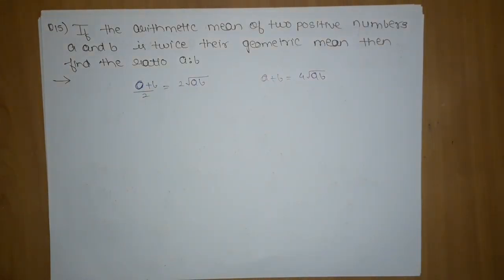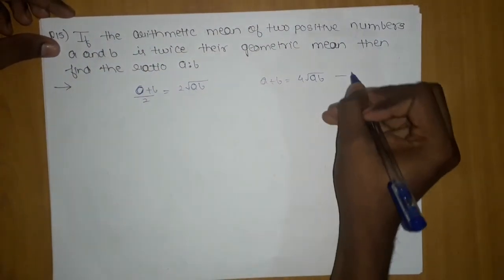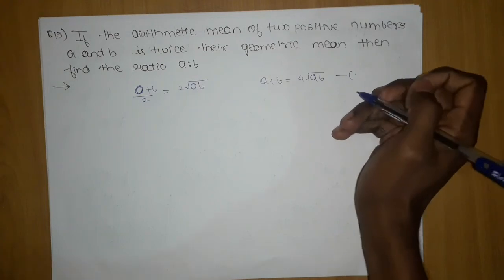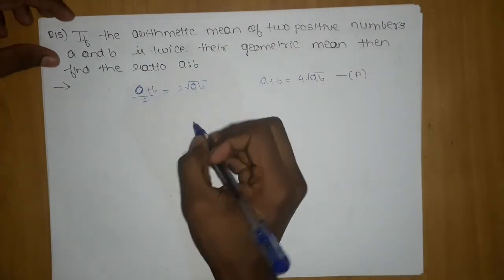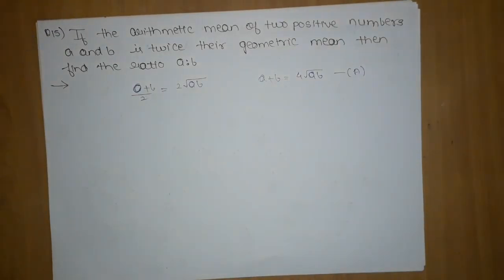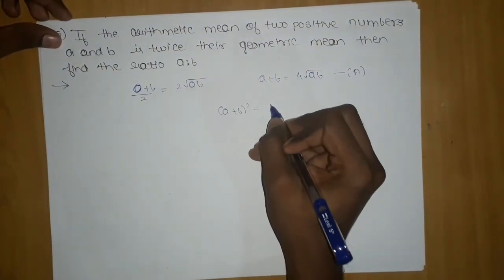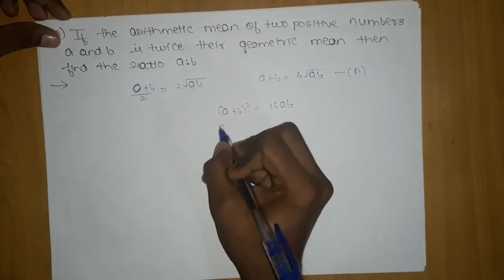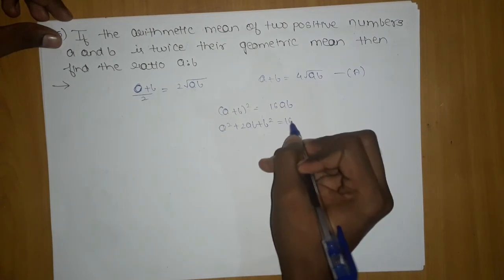Now I can do it in one more way. If I square both sides, (a plus b) the whole square is 16ab, and this is a square plus 2ab plus b square equal to 16ab.